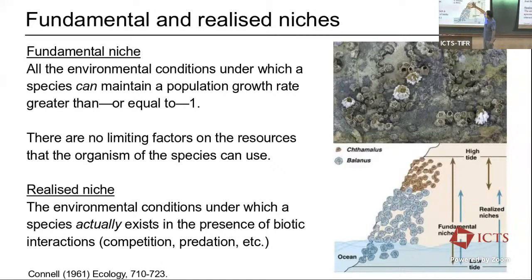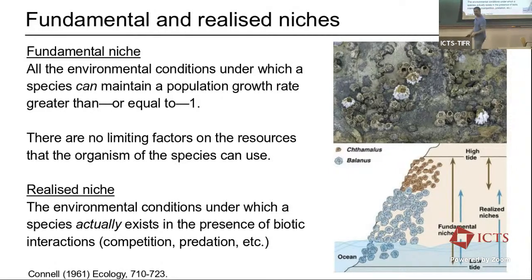Thamellus, that is found in the higher part of the pool, and Balanus, which is found in the lower part of the pool. So if you imagine a pool that's like that, then you've got Thamellus in the higher parts of the pool and Balanus in the lower part of the pool.